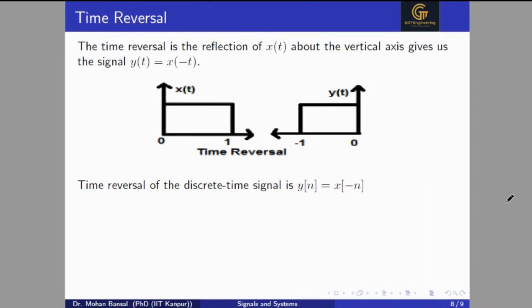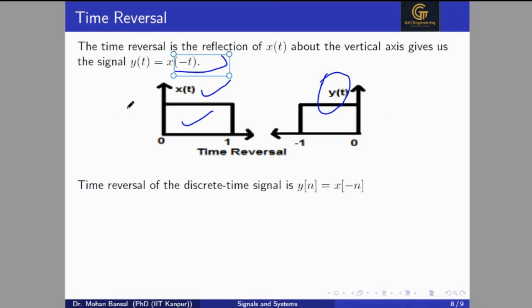Now come to time reversal. In time reversal, the signal is represented by x(-t). So this is x(t), and y(t) will be the reversed signal. Whatever value you have on the positive side of x(t), the same you will get on the negative side in y(t). Whatever value we have on the negative side in x(t), we will get the same value in y(t) on the positive side.